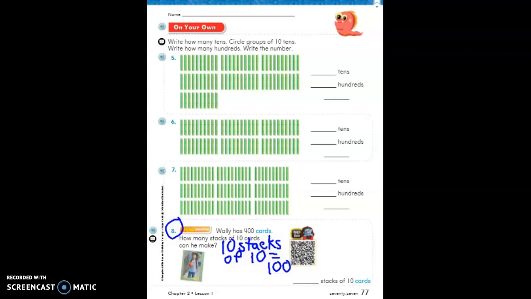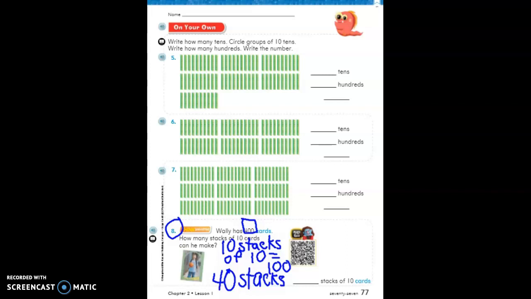That means if we do 4 stacks, or we do 40 stacks, we will make 400.